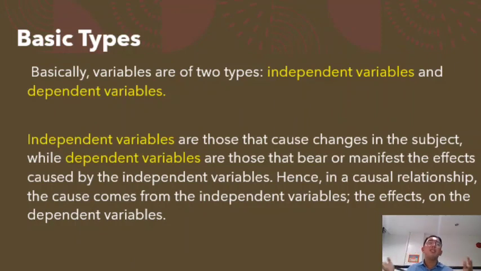They are the direct receiver of any actions of the independent variables, okay? Hence, in a causal relationship, the cause comes from the independent variables, right? And the effects would be on the dependent variables. So that is how we differentiate independent and dependent variables.